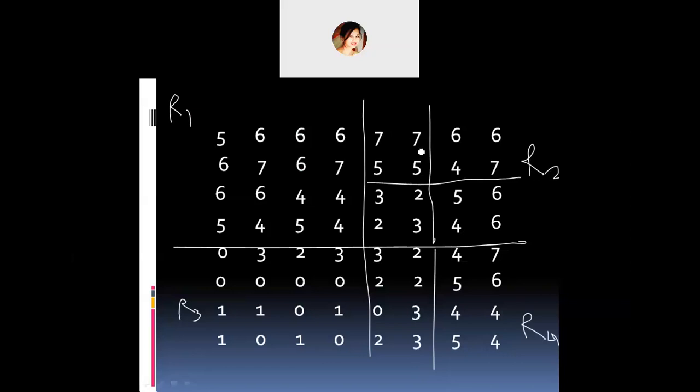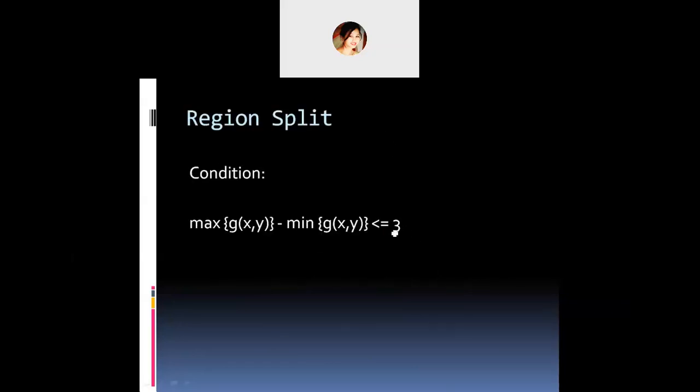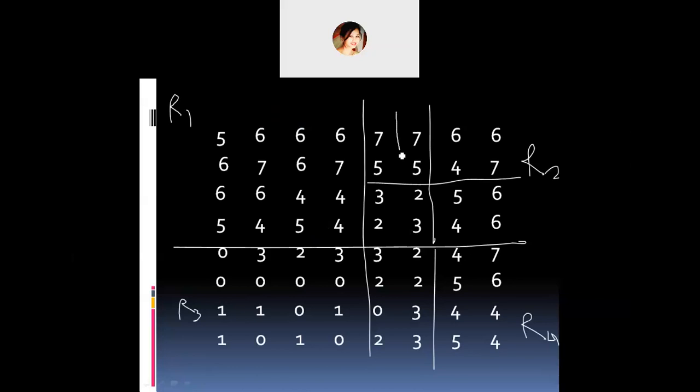Again, suppose this region was not satisfying this condition, then you have to subdivide it again. After that there is no way out to divide this, because these are single pixels, right? So this is only the maximum, this is only the minimum in a particular sub-region.